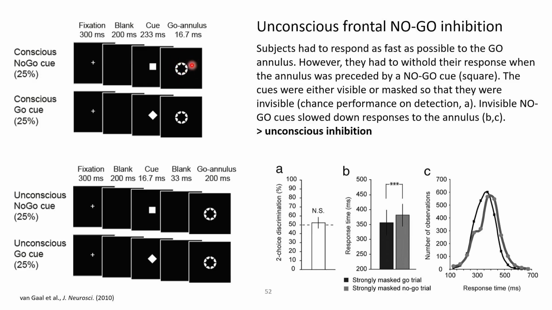They're shown this circle or annulus, and then push a button as fast as possible. But this can be preceded by either a no-go cue or a go cue. When it's preceded by a no-go cue, they know, oh, now I don't have to respond to this annulus. And when it's preceded by a go cue, they know they have to respond to the stimulus. Now, there are two varieties in which this cue is presented.